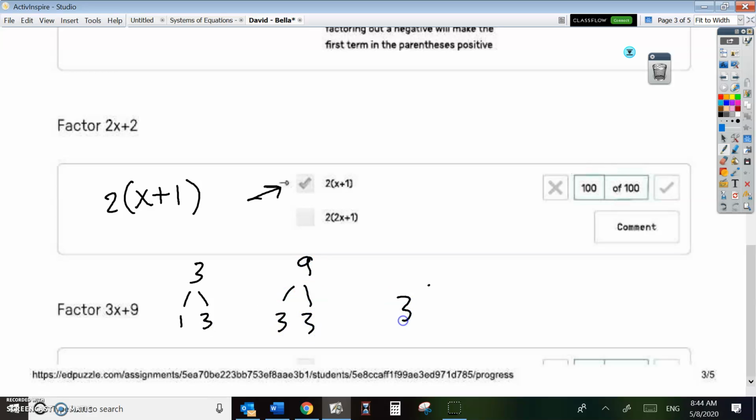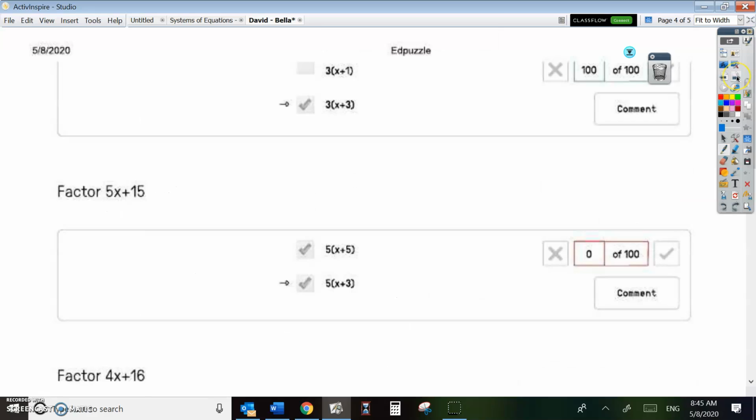So put 3 in front of parentheses, and then do division. 3 divided by 3 gives you 1x. 9 divided by 3 gives you 3. Everything there is positive, so you keep your plus sign. This was for what we just did, factor 3x plus 9.